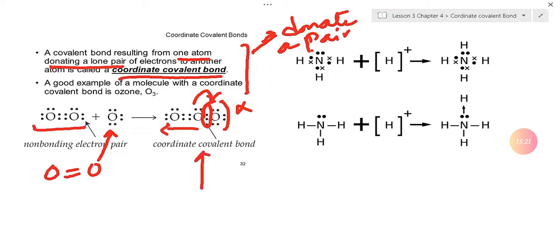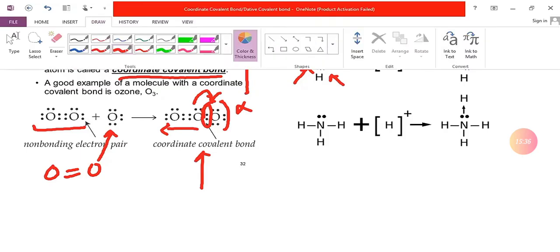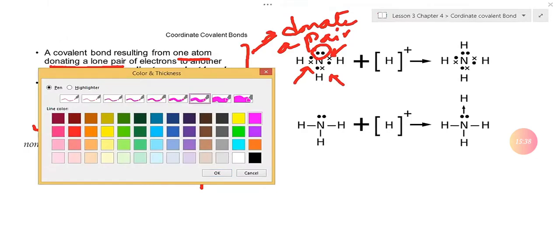The third oxygen does not contribute anything in bonding, but still it completes its octet by getting an electron pair from the second oxygen.